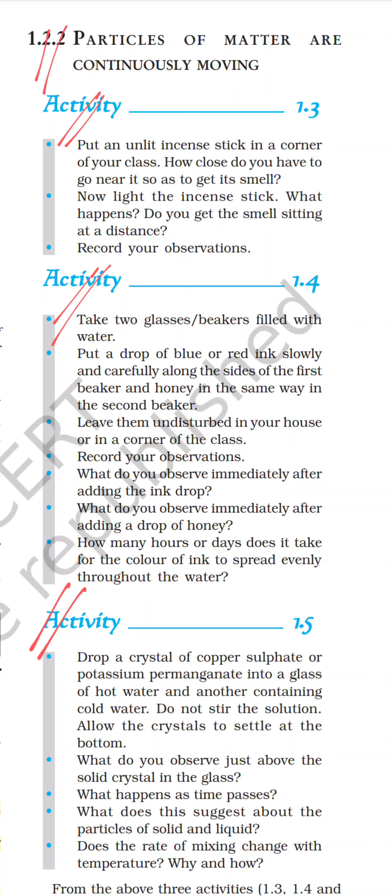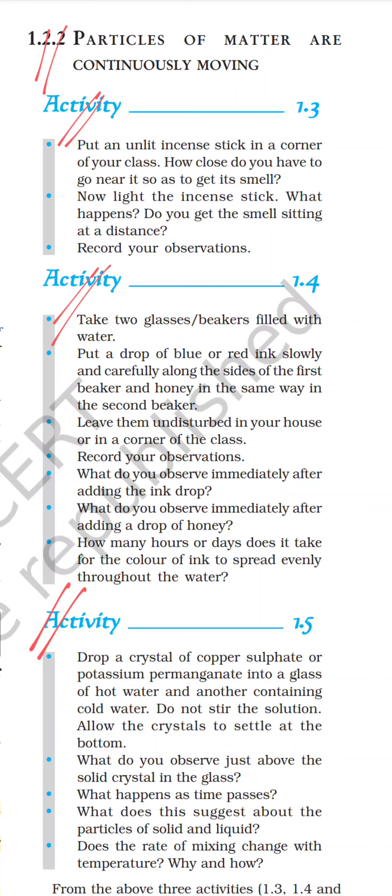Record your observation. What do you observe immediately after adding the ink drop? What do you observe immediately after adding a drop of honey? How many hours or days does it take for the color of ink to spread evenly throughout the water?